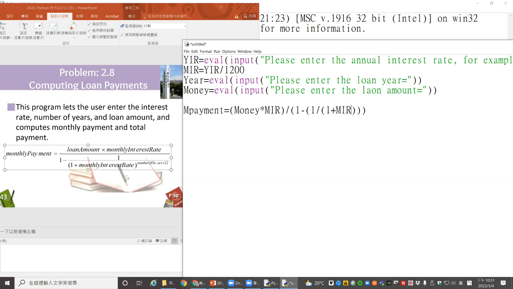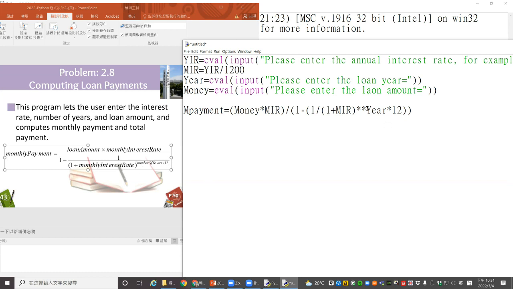This part is equal to this part. So let's just have an exponential part. I make the double star here, right? So number of year multiple 12. Number of year here, and multiple 12. So actually this is an exponential part.